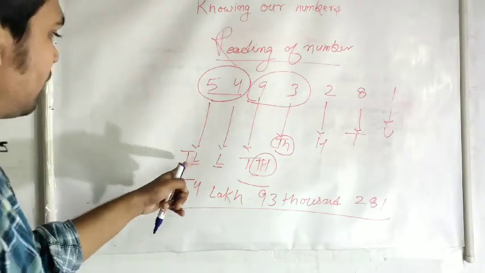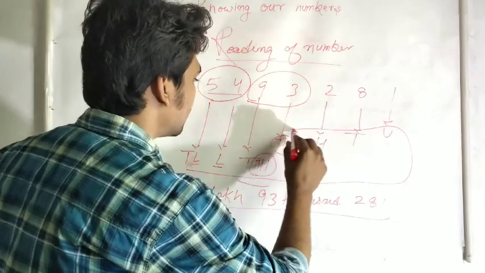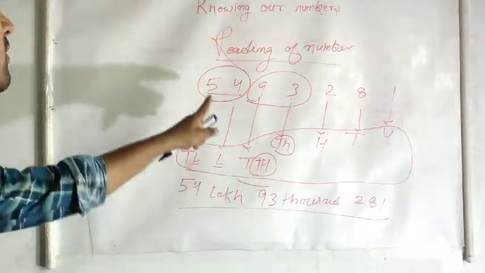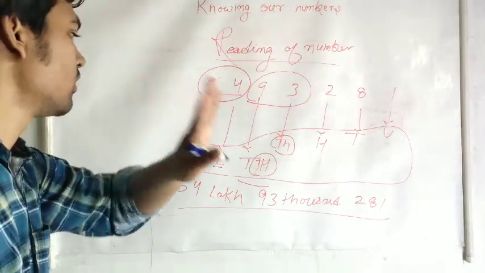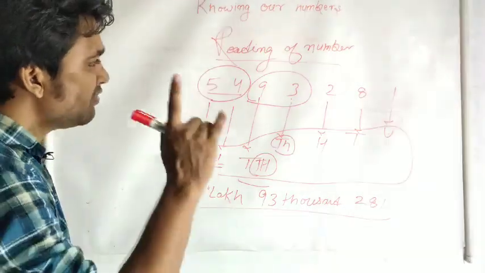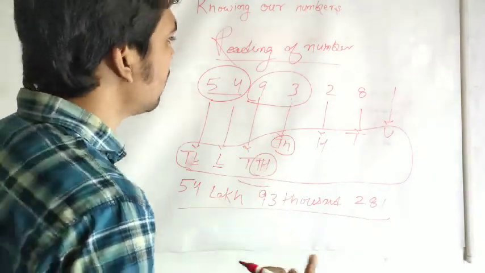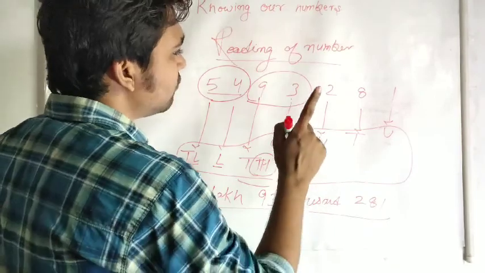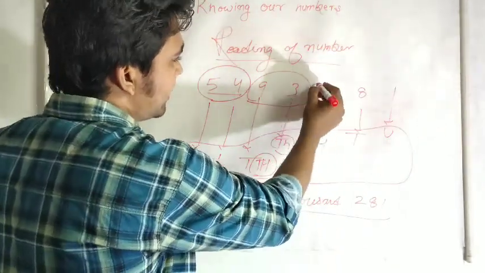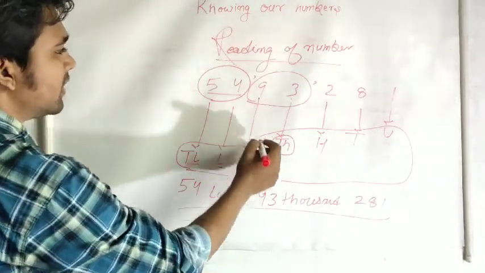Friends, it is important that we know the places of any number, then we will easily be able to read the numbers. Here we were discussing the use of commas. In the Indian pattern we use comma from the right side. The first comma would be at the 3rd place, the second comma at the 5th place.